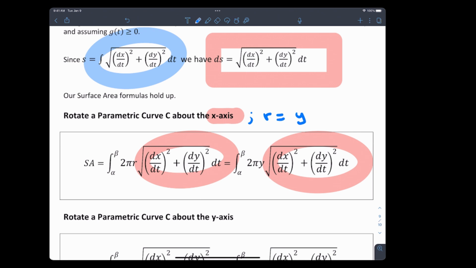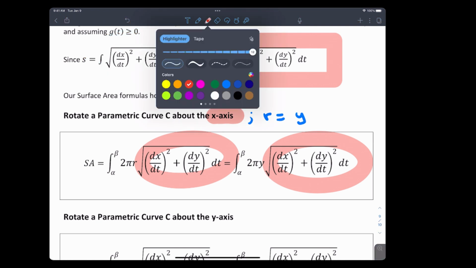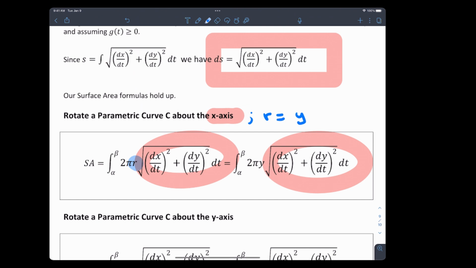Do you remember that in our notes? The radius is always y. So in the surface area formula, your r is y. This is what you're going to use if you rotate about the x-axis for a parametric curve.